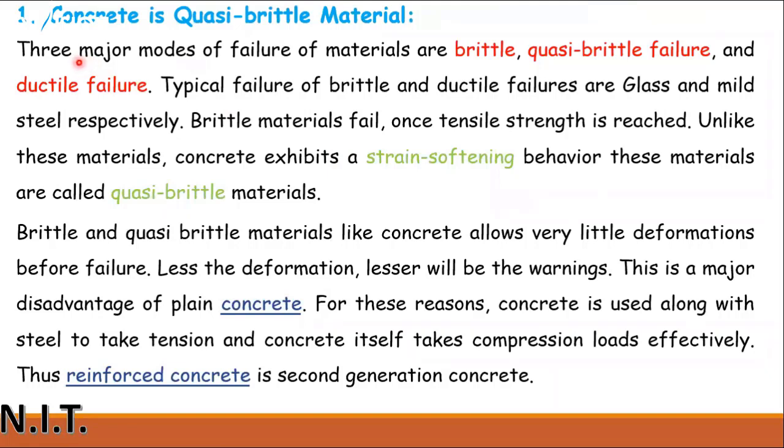You know that concrete is basically a brittle material. The 3 major modes of failure of materials are brittle failure, quasi-brittle failure, and ductile failure. The typical examples of brittle and ductile failure are glass and mild steel: the example of brittle failure is glass, and for ductile failure, the example is mild steel.